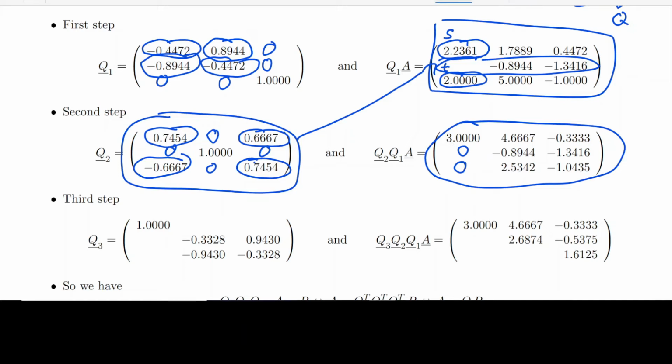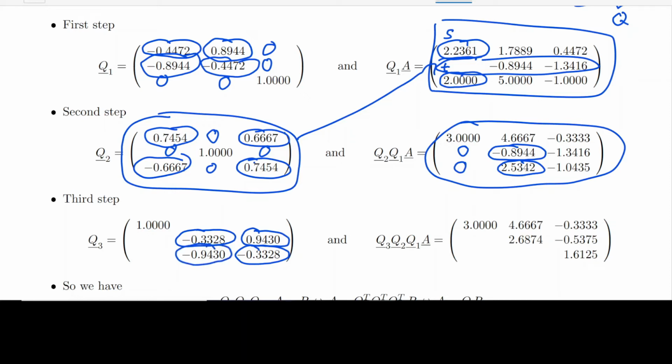Now we want to kill that entry, and we want to use that number, so minus 0.8944 is the S, 2.5342 is the T, square them, add them, take the square root, that's the denominator, and then minus 0.8944 divided by that number, this is that entry, reuse the entry here again, and then 2.5342 divided by that is 0.94, and take the negative of that.